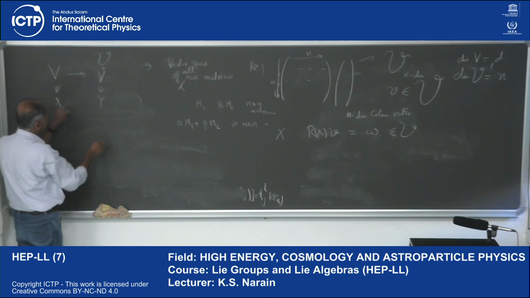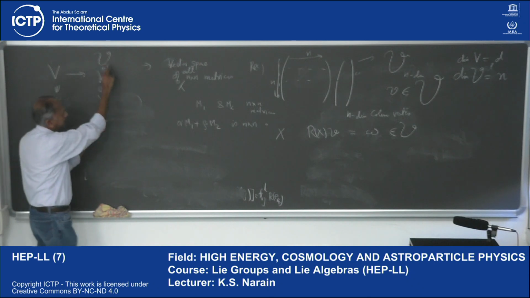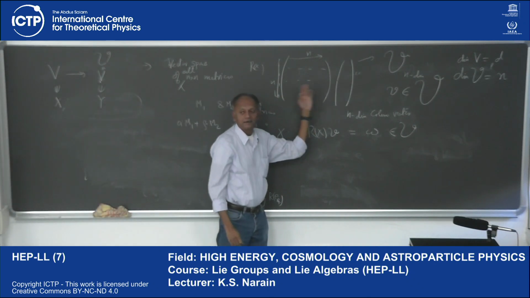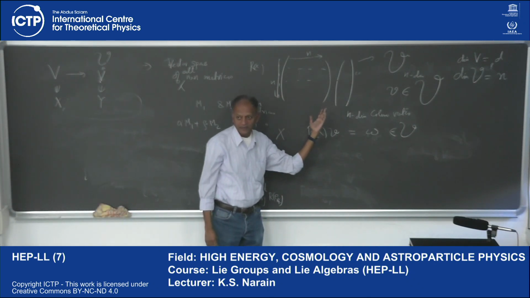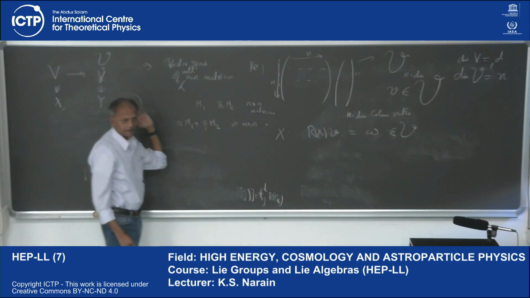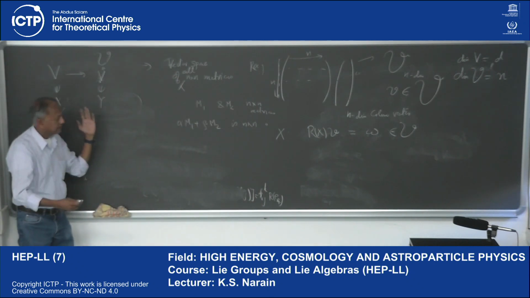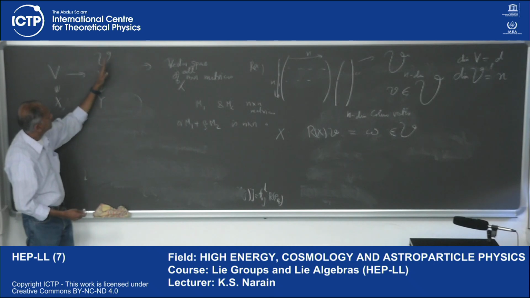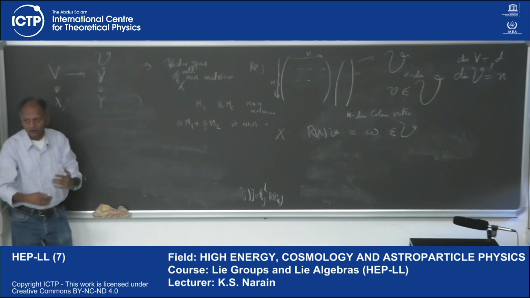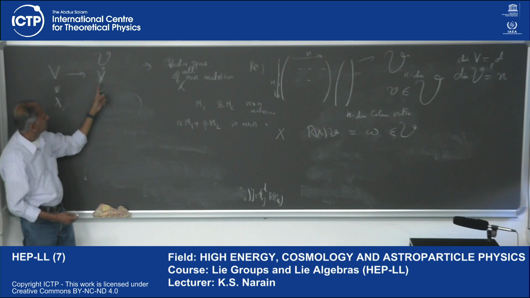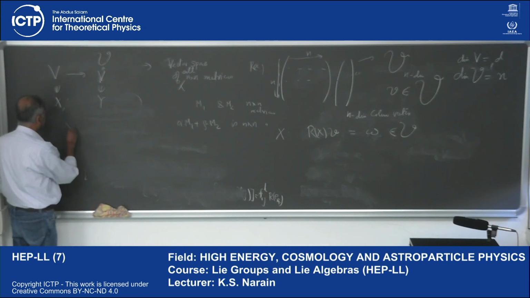Of course, the two things are the same, but think of this guy as the space on which the transformation is taking place. x is the guy which is transforming, and this space is the one on which x is transforming. So you think of y as an element of that. Then what does x do?